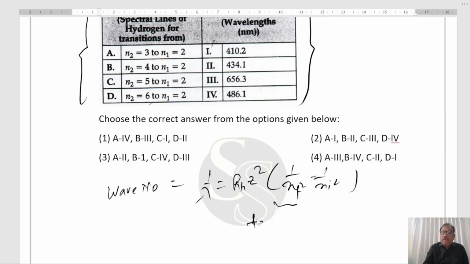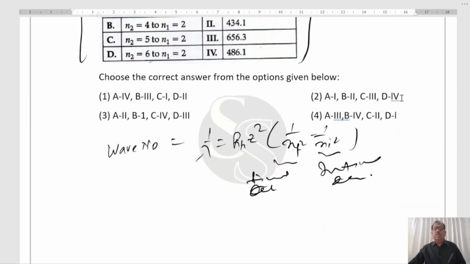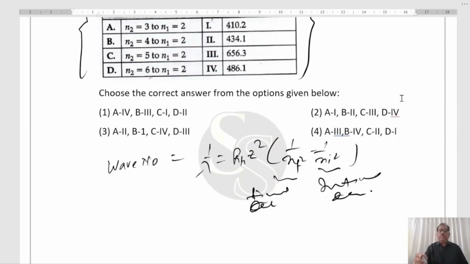This is the final orbit, this is the initial orbit, right? In this case, final is for maximum wavelength.